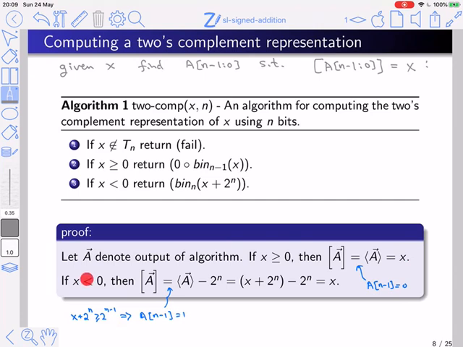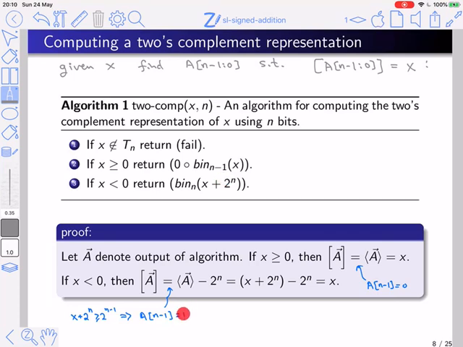If x is negative, then we look at x plus 2 to the n. x plus 2 to the n cannot be less than 2 to the power of n minus 1, because x is in T_n, so the smallest value that it could have is minus 2 to the power of n minus 1. Therefore, the most significant bit of A, this is the binary representation of x plus 2 to the n, has to be 1.